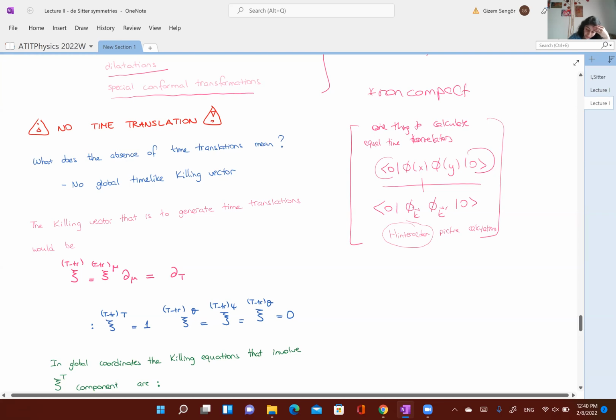But at the end of the day, you calculate the 2-point function of interaction picture fields, again sandwiched between some vacuum states. And so these are at the same time. They're at different positions in space, but they're at the same time. So you calculate things like this.